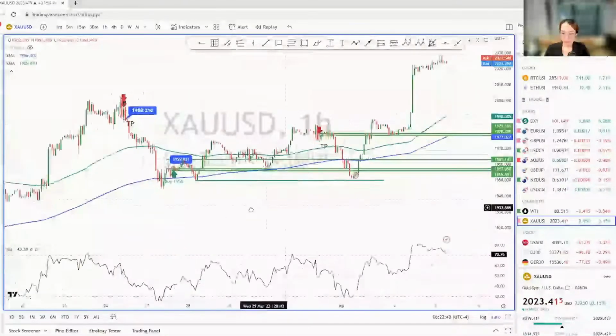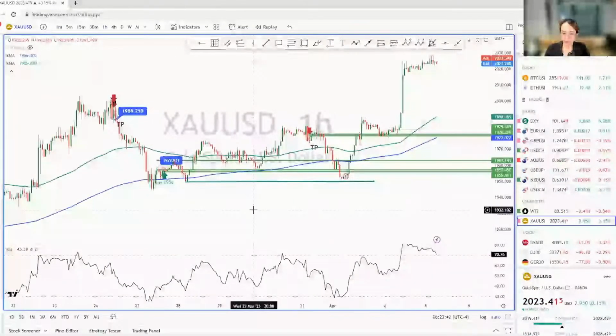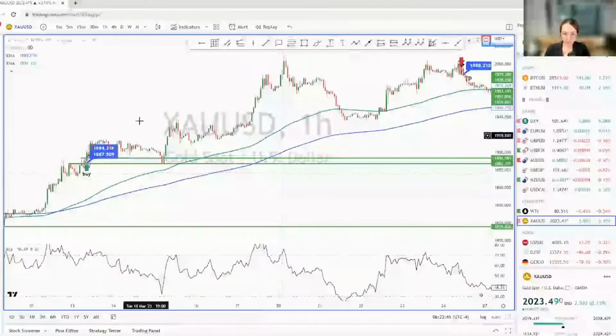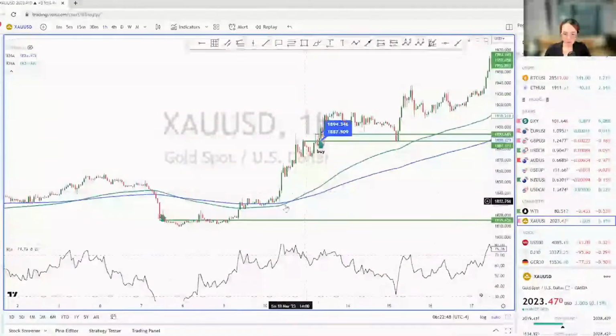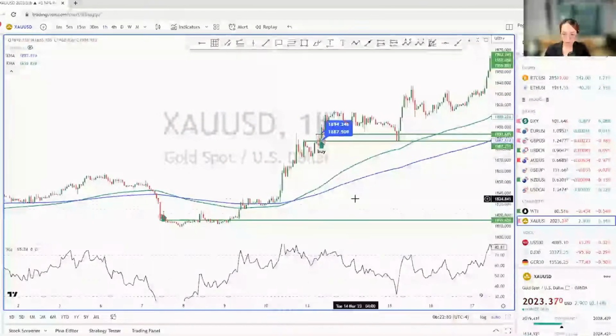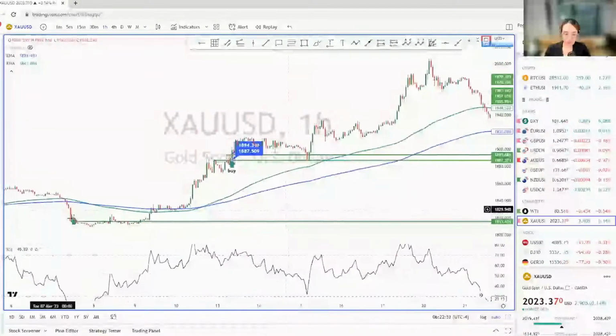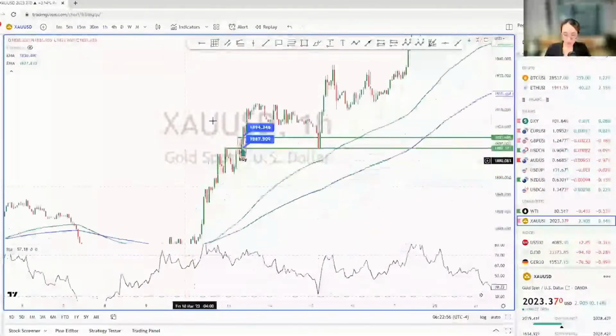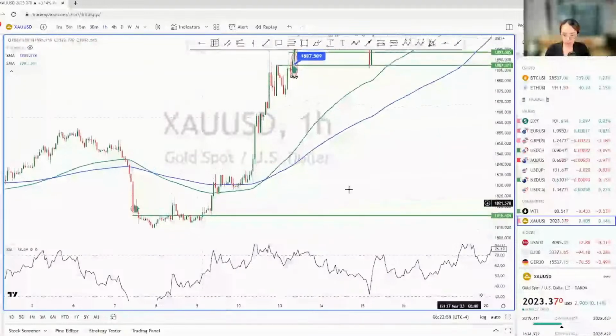I'll show you another trade, a buy. Okay, here we're going to get the SL, and I'll show you the trade as well.